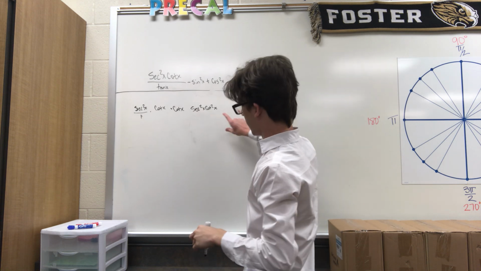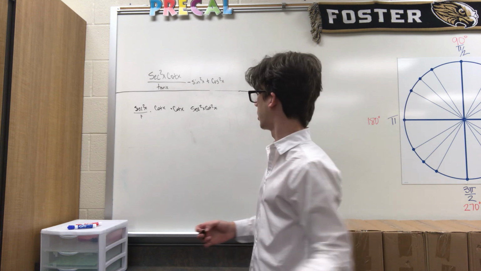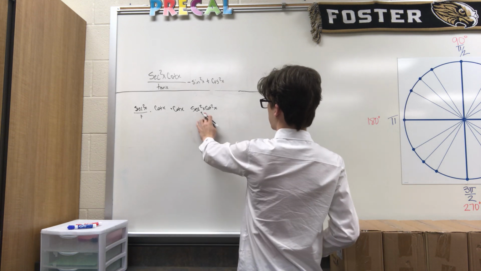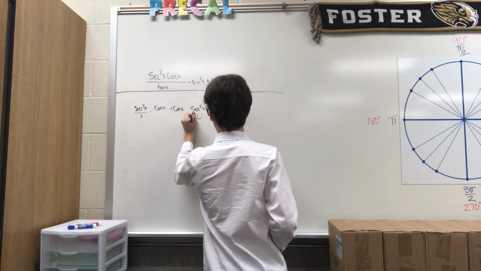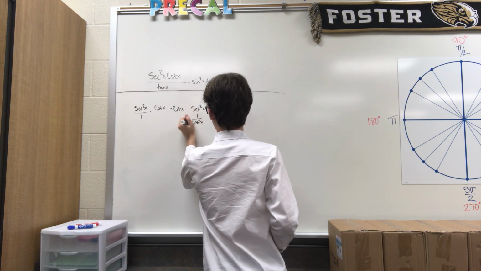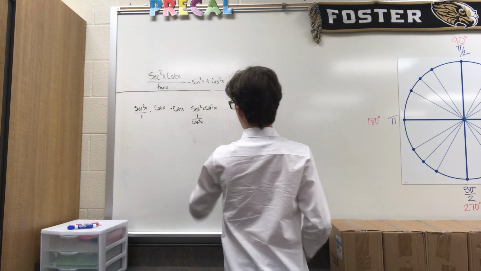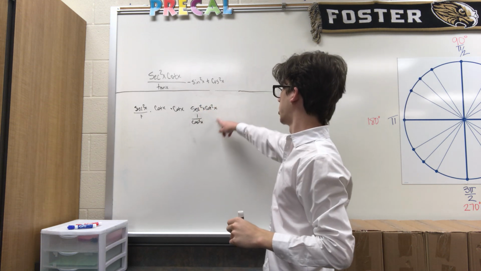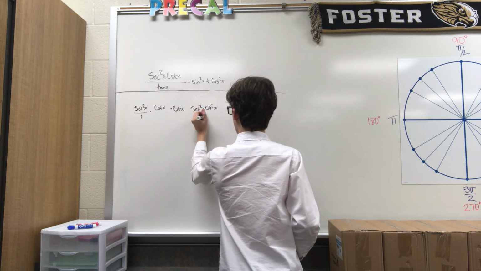So now we need to simplify this down. And we can do it again by using the reciprocal identity of secant squared, which is 1 over cosine squared, and the quotient identity for cotangent squared x, which is cosine squared over sine squared.